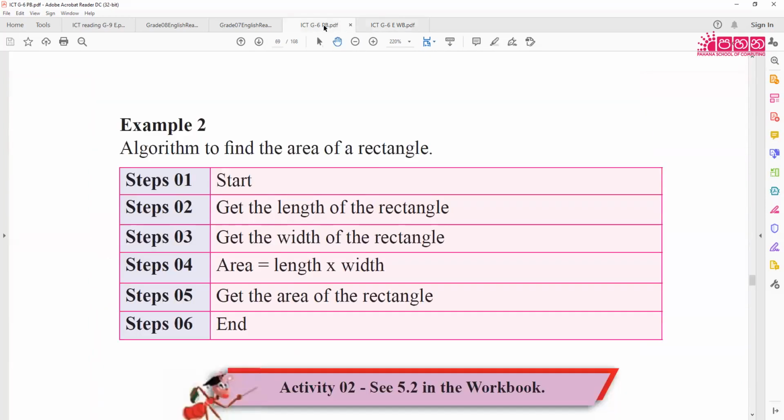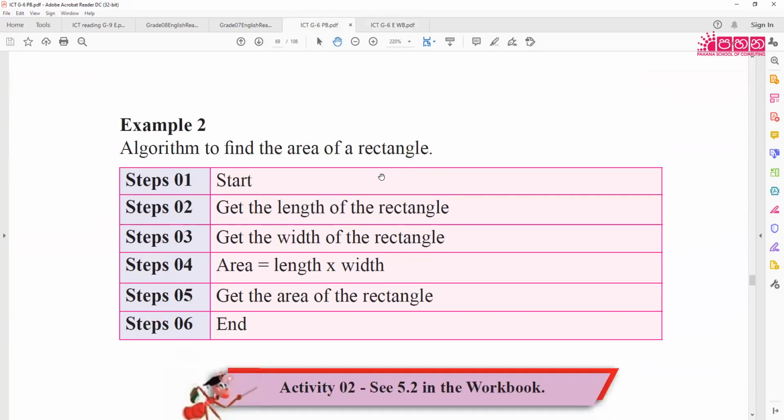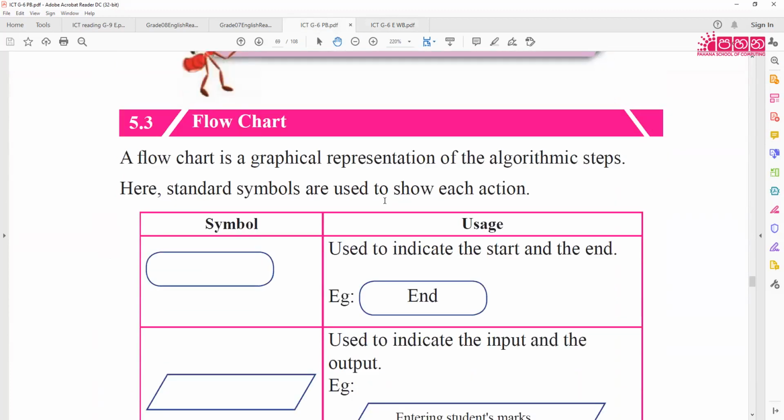Right, now let's move on to the textbook again. Flowcharts. So one way to represent an algorithm is to just write it down like we did previously, where we write down each of the steps separately.